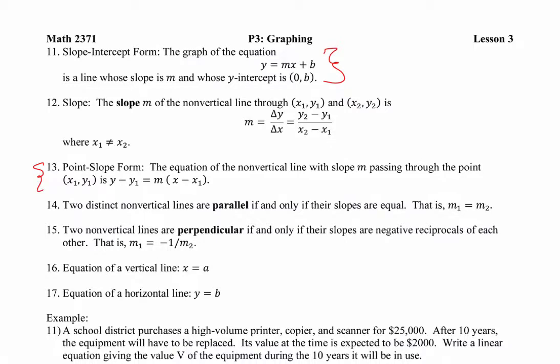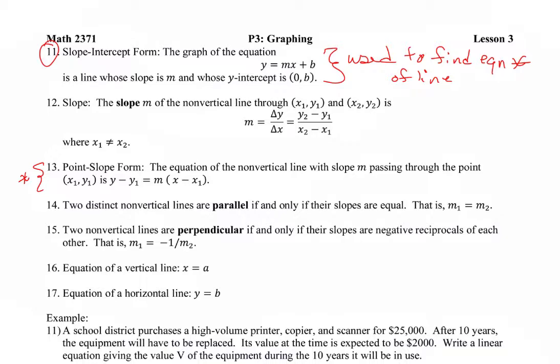Both of these can be used to find the equation of a line. Now, I will use the slope-intercept form, not the point-slope form.